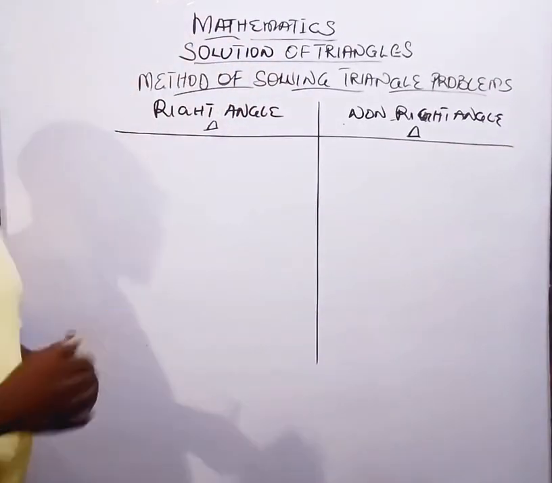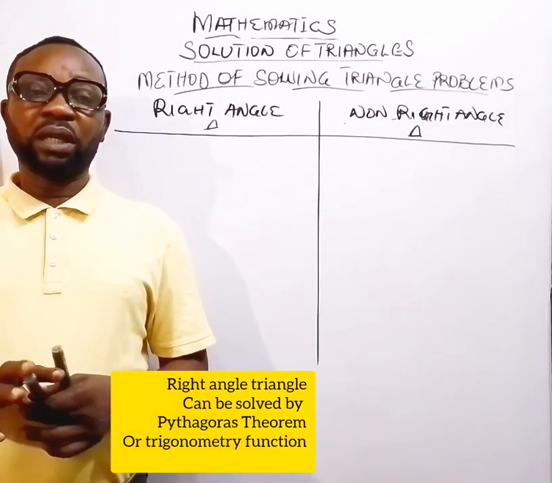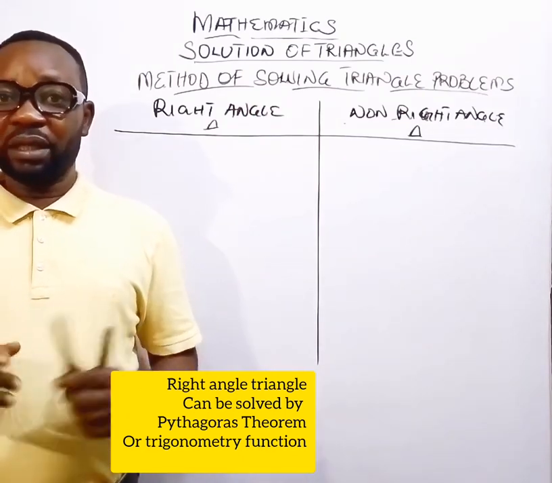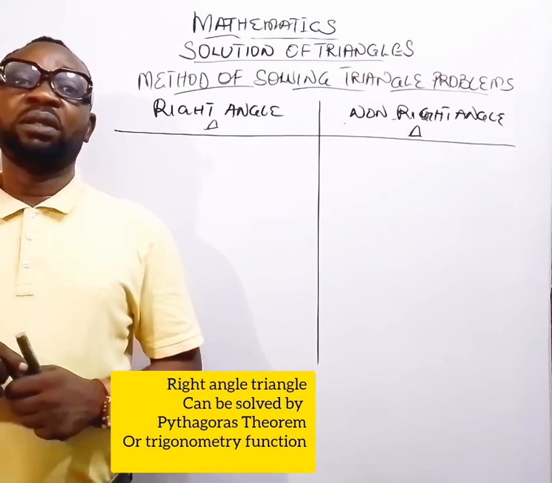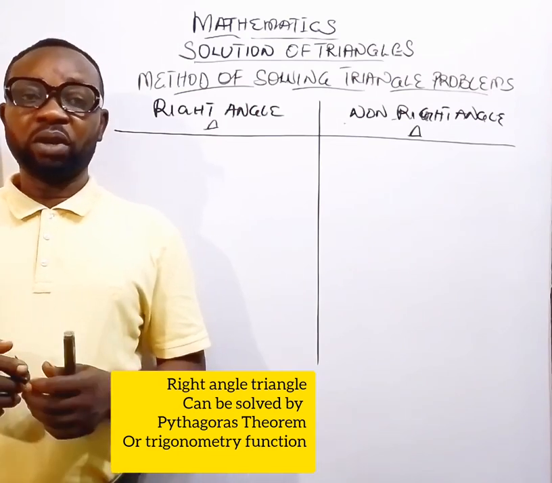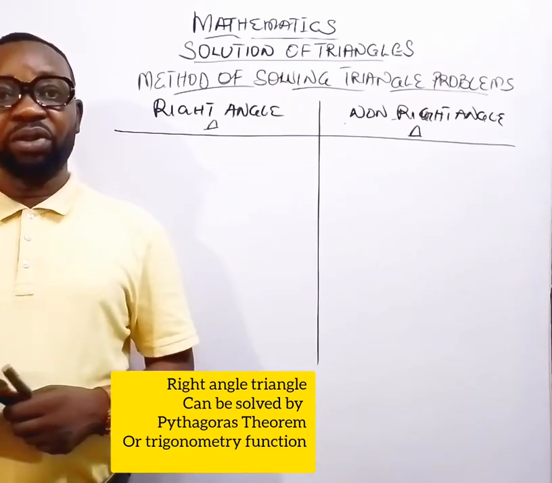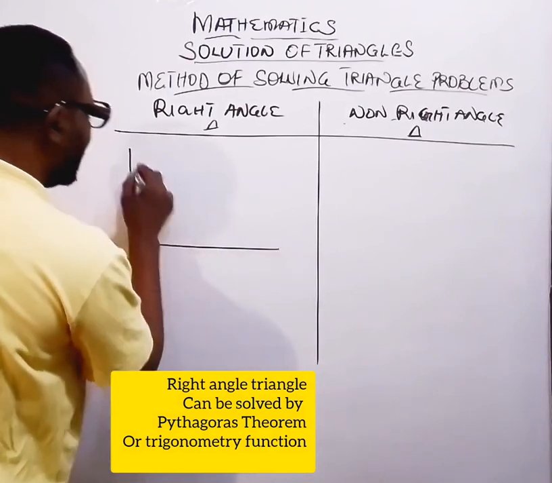A right angle triangle, as I have said earlier, is a form of triangle that has one of its angle equal to 90 degree. That is, one of its angle is a right angle. Now, what are the methods we can use in solving the problem of right angle triangle. In right angle triangle, it looks like this.